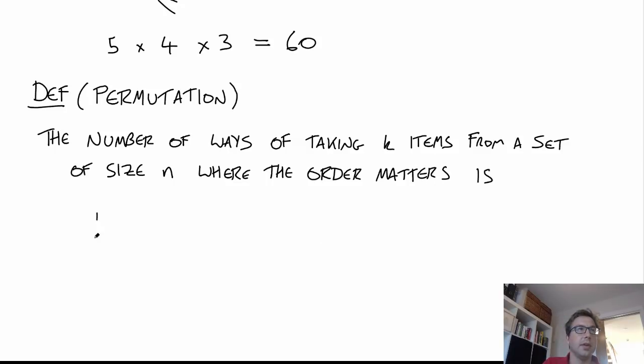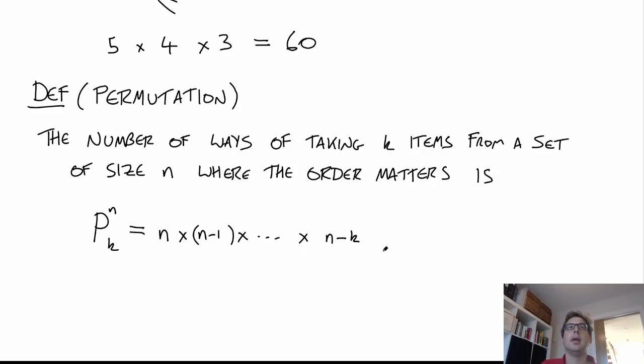is written as follows: P, n, k, where, like before, we've got n times n minus 1 times, and so on. We've got 3 terms here, but in this specific case we'll get k terms, so we go all the way down to n minus k, and notice we're going to add a plus 1 on here.